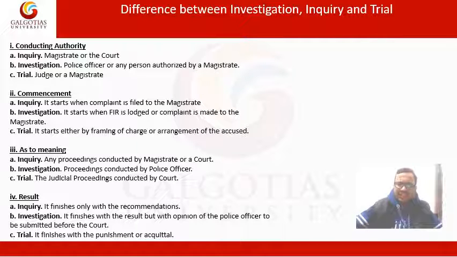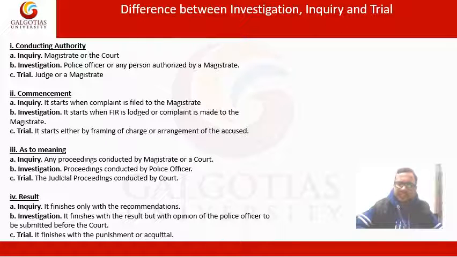So in investigation and in trial, the conducting authority and the judicial proceedings are done by a court. But the proceeding in itself in inquiry and trial are different. These are both judicial inquiries, judicial proceedings done by court, but the steps involved are very different.